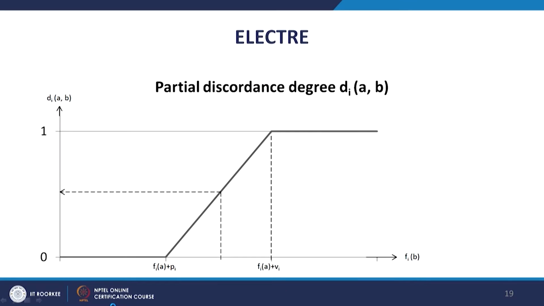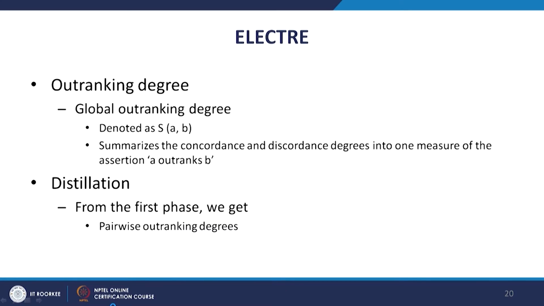Through this graphic we talked about the partial discordance degree in the previous few lectures. Then we talked about the global outranking degree, which is based on the summarization of these two degrees, which are the concordance and discordance degrees.